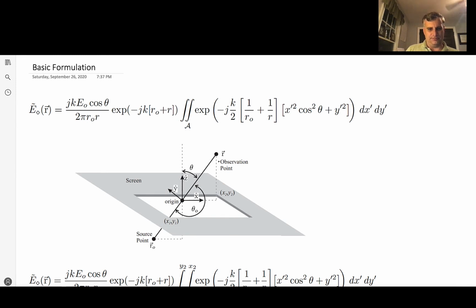Here's our problem. Remember, what we started off with was the Kirchhoff-Helmholtz integral theorem from the previous lecture. And we modified it so that we had, of course, our Kirchhoff boundary conditions.